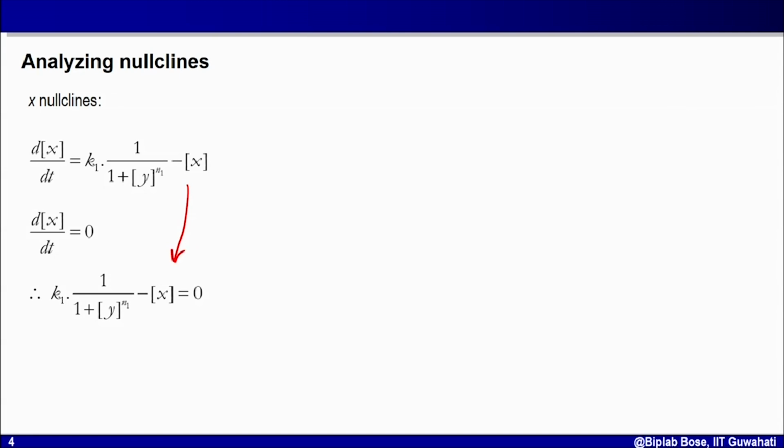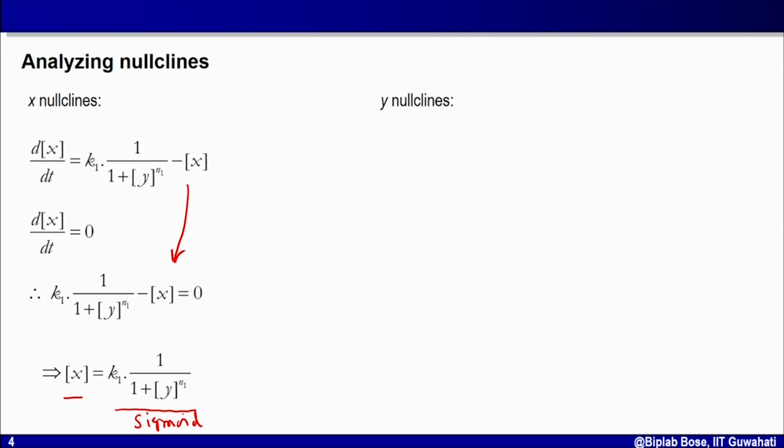Then I can separate out x and y on both sides of the equal sign. That is what I have done here. So, I have x equal to k1 into 1 by 1 plus y to the power n1. Obviously, this is a sigmoidal function. You can easily understand, this is a negative sigmoid function.